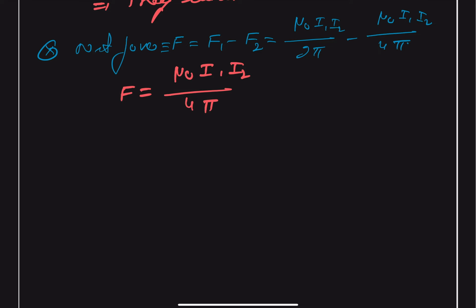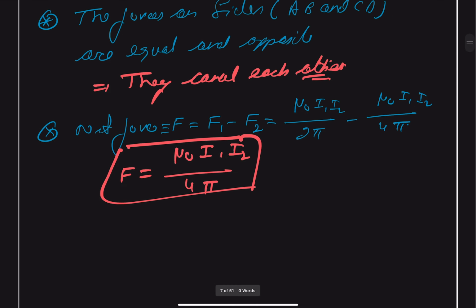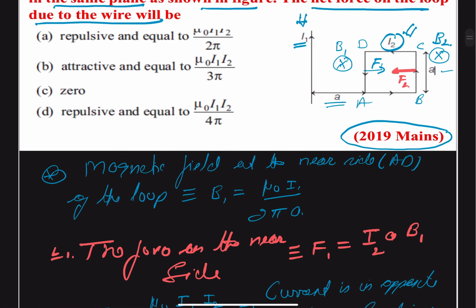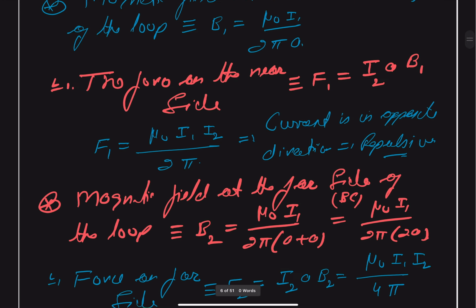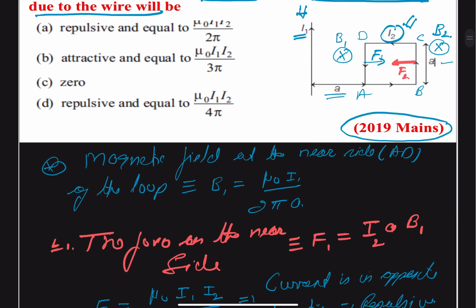So this will be our final answer. So we have this as a repulsive force because F1 will be greater than F2, because it is nearer to this current. So option number D is the correct one.